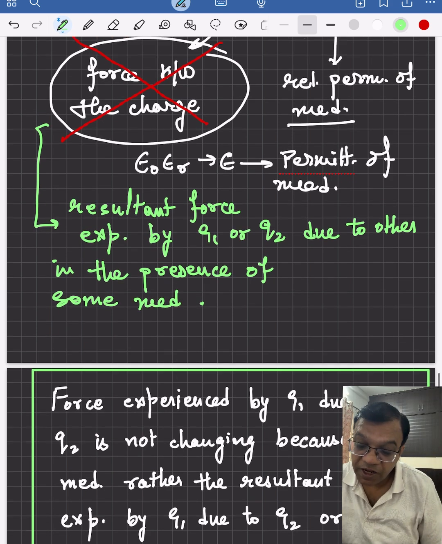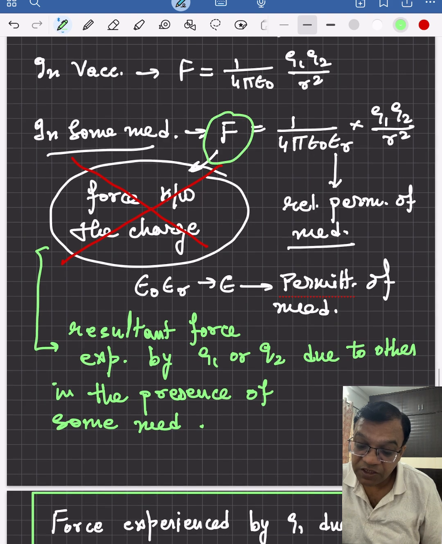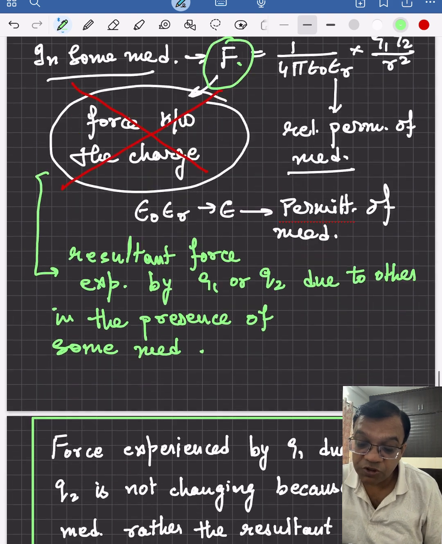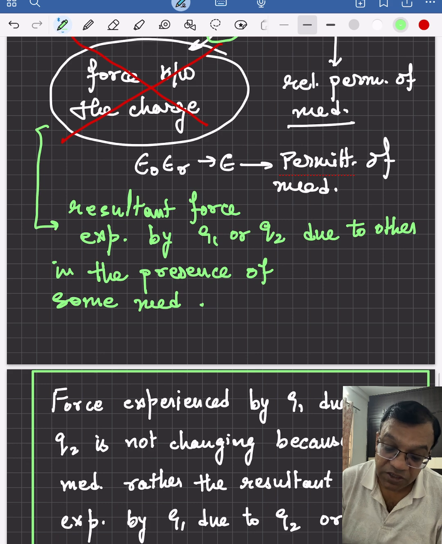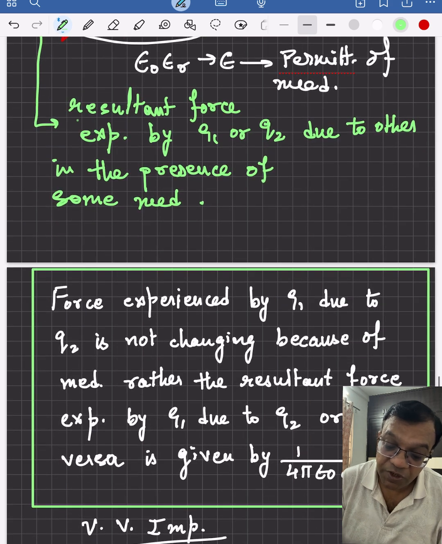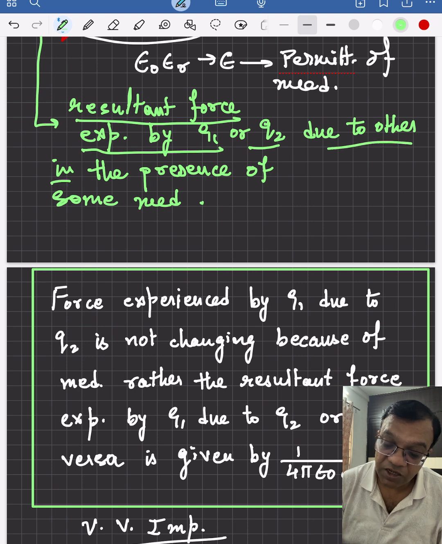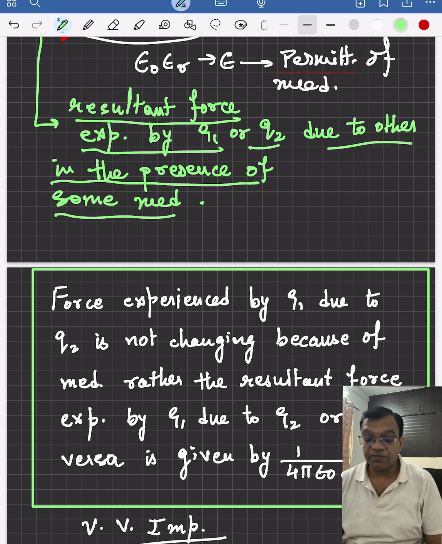This force F is not the force between the two charges. It is the resultant force experienced by Q1 or Q2 due to the other charge in the presence of some medium.